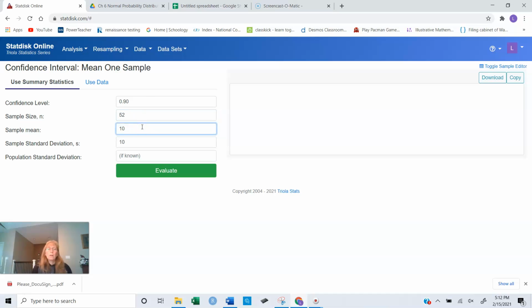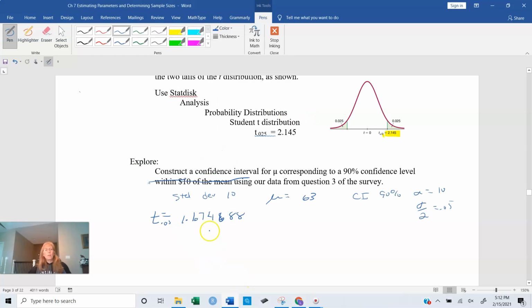Our mean, we made that up. Remember we said it was 63 with a standard deviation of 10. All right, and hit evaluate. So our confidence interval is 60.6768 and 65.3232. Let's go back to our thing.